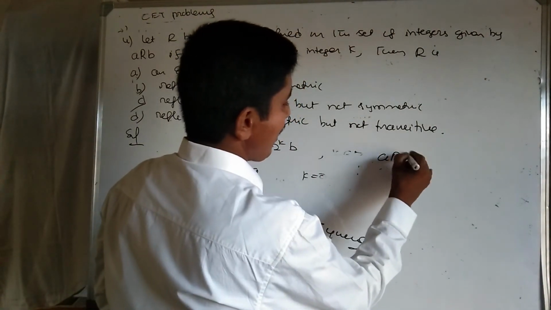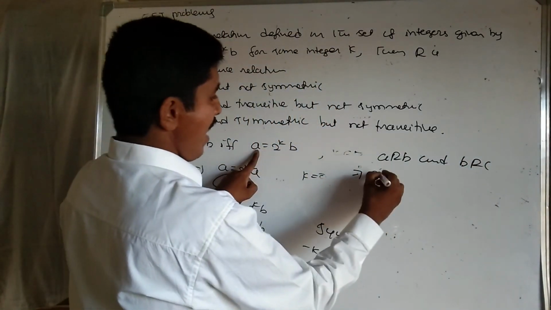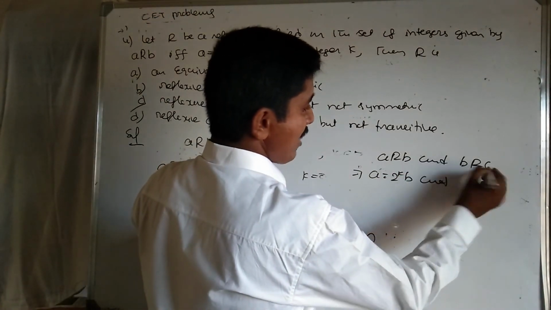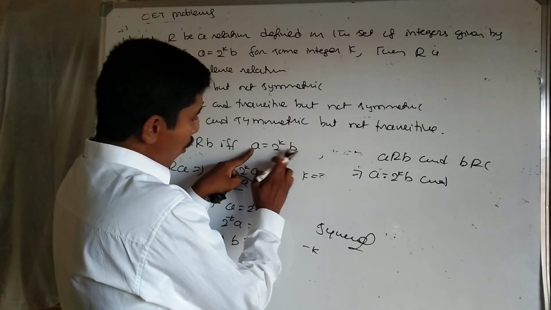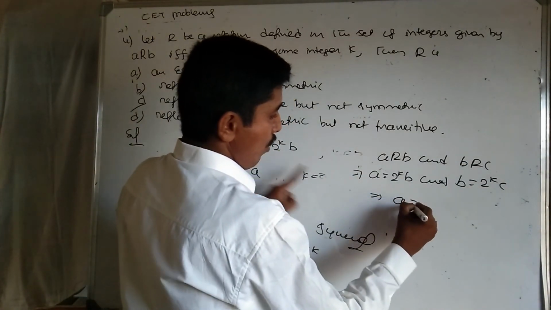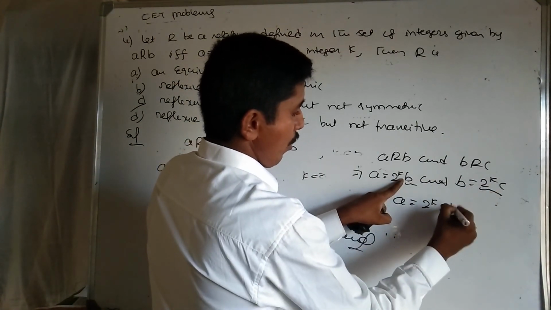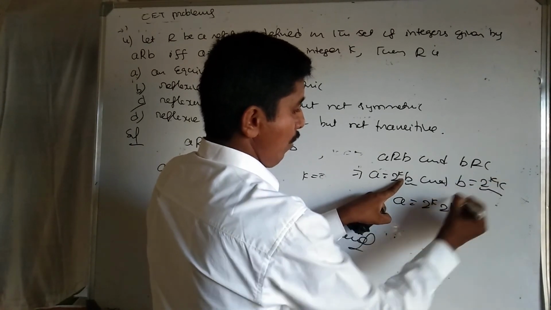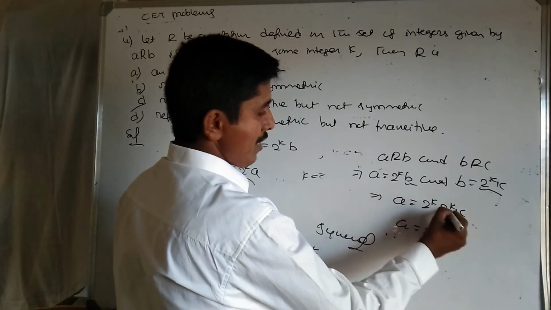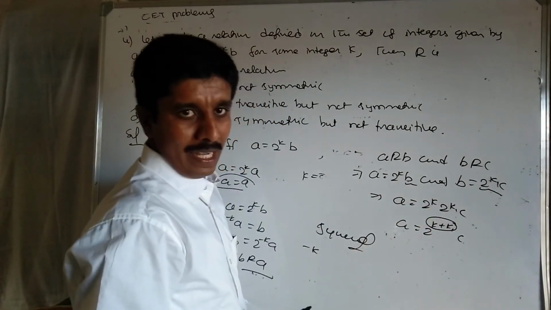Transitive: A related to B and B related to C. A equals 2 power k into B, and B equals 2 power k1 into C. Substituting the B value, A equals 2 power k into 2 power k1 into C. Adding powers, A equals 2 power (k plus k1) into C. k plus k1 is an integer, correct.